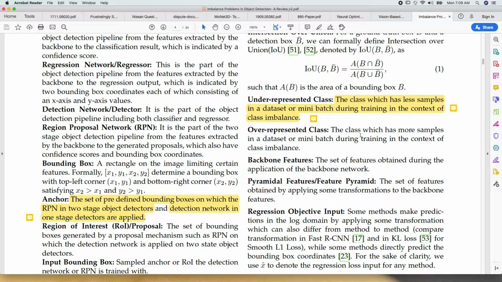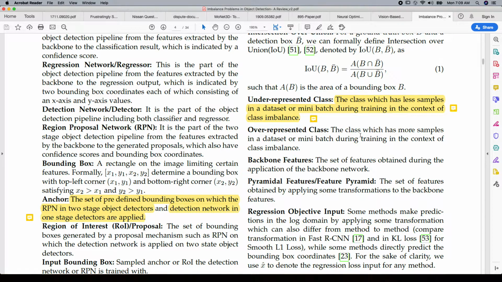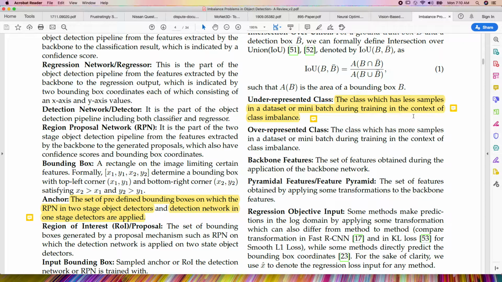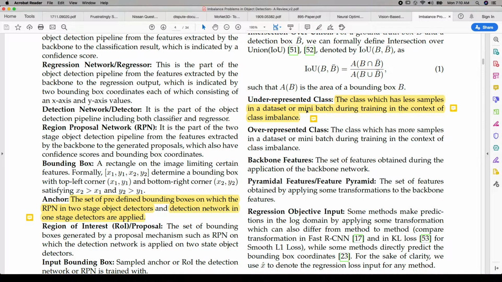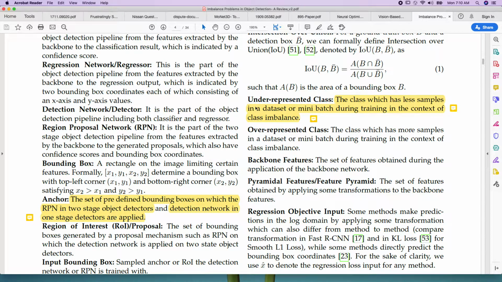So that's what is being said here. The class which has fewer samples in a data set or mini batch during training. So not just in the data set but also in the mini batches, because when you are training a network, you don't feed in the entire data set.